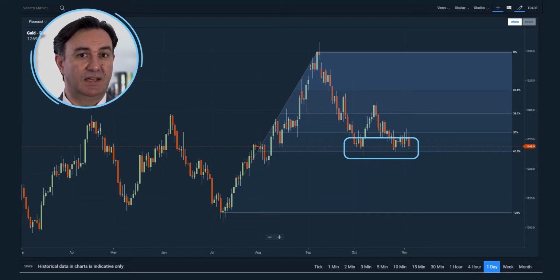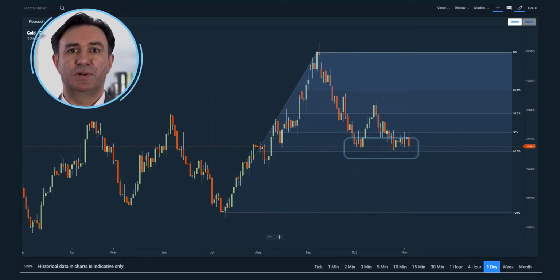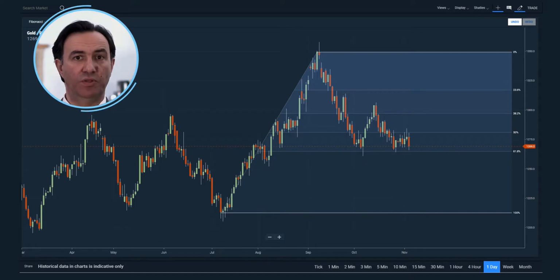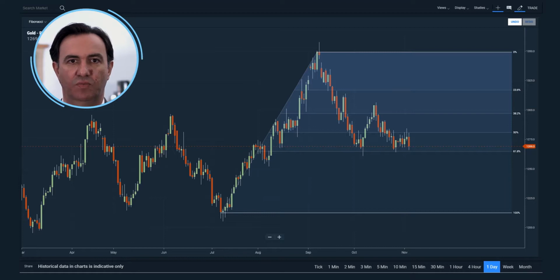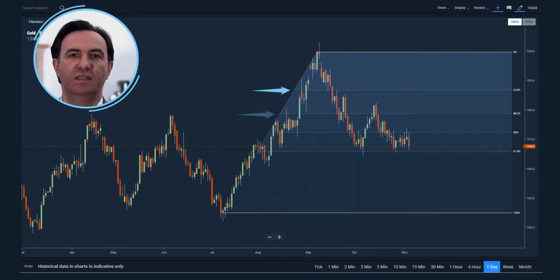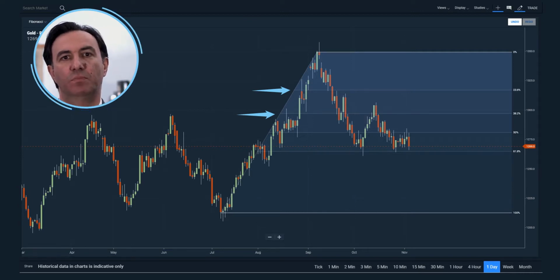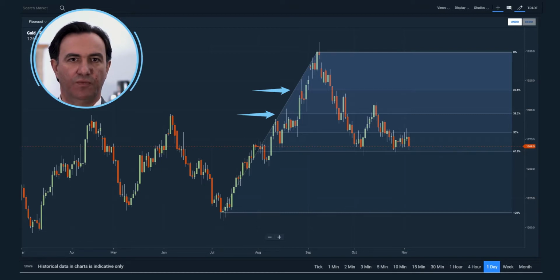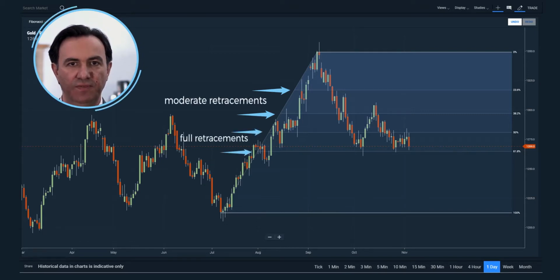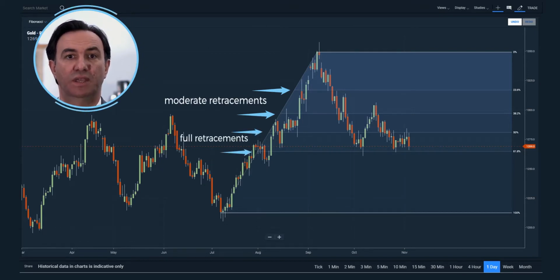Remember, these are zones and not precise prices. One more thing I would like to add is when referencing retracements, when price returns to 23.6% and 38.2%, these are considered to be moderate retracements. Full retracements are at 50 and 61.8%.